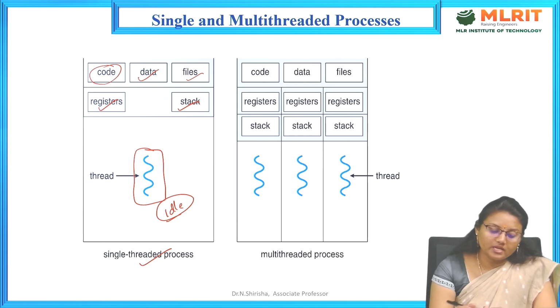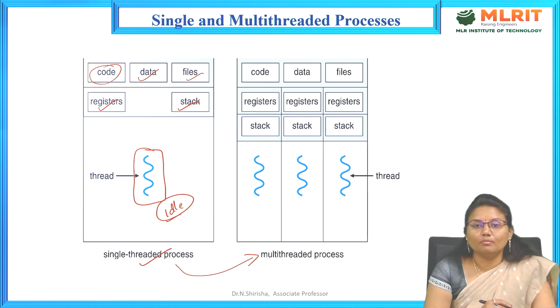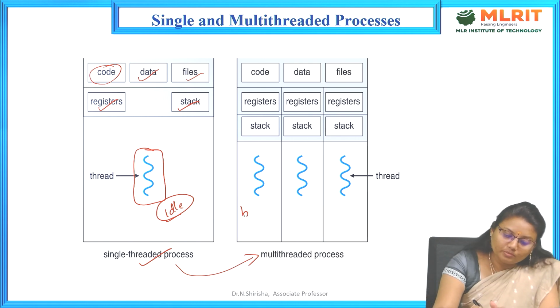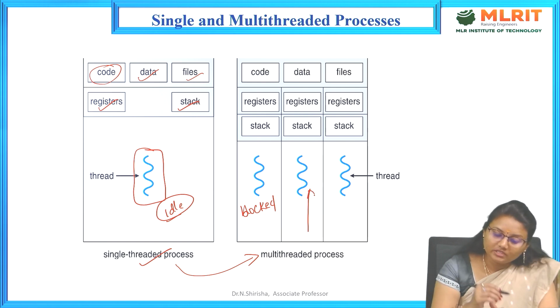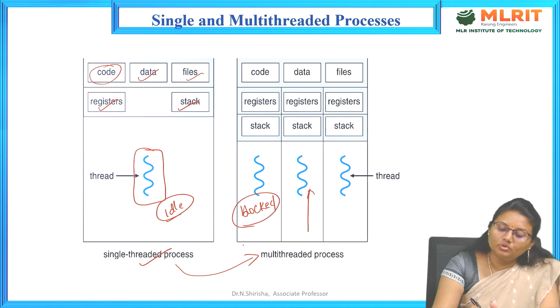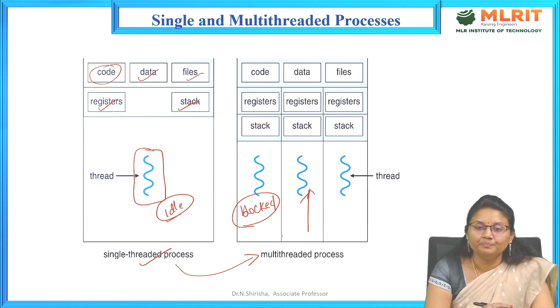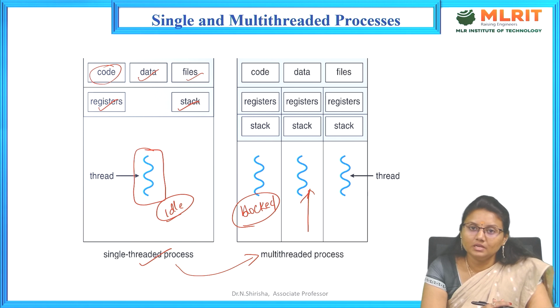To avoid that, we move from single-threaded to multi-threaded. Whenever one thread is blocked, the other will go for its execution. It will not wait until the first is unblocked. We are giving the chance to the other process. Therefore, there is high response time and the performance is also upgraded.